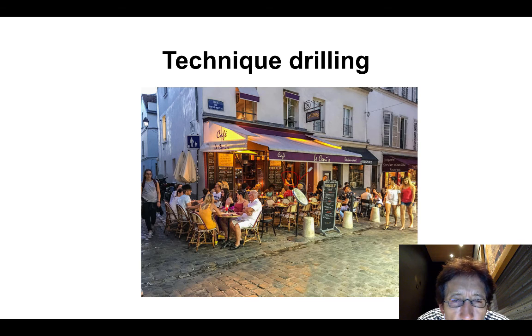And beside this table there's also a small table, and I can just see one man with a black t-shirt, and she is looking at somebody, but I cannot see her.